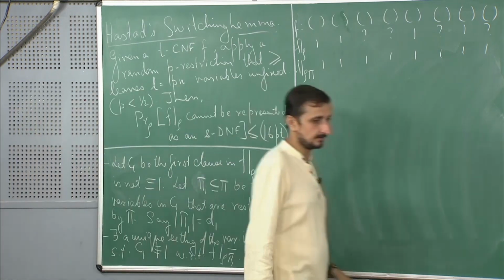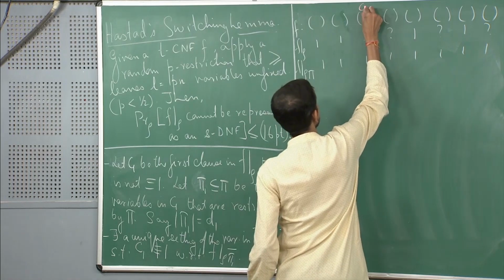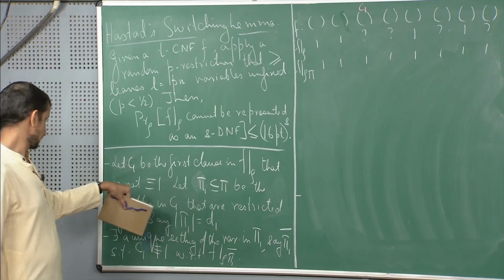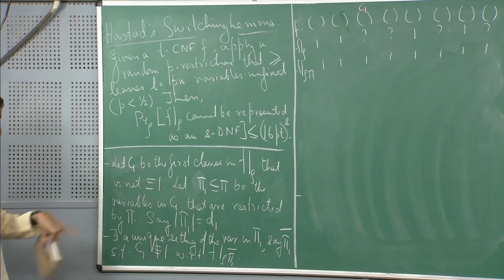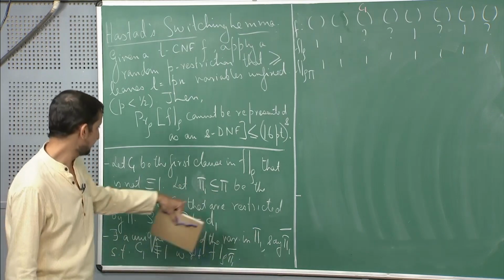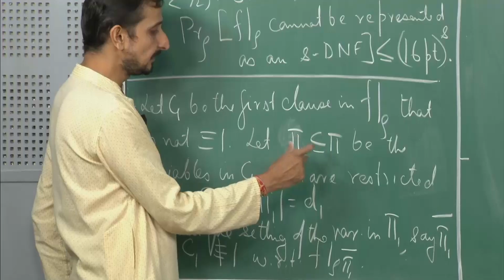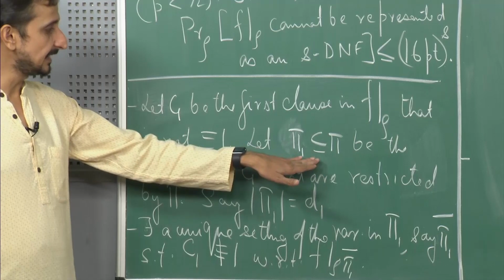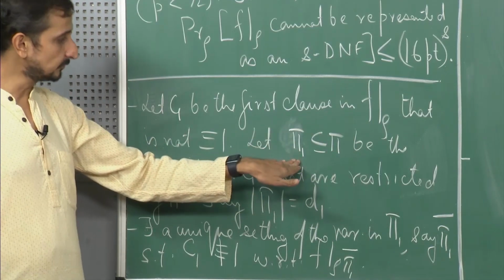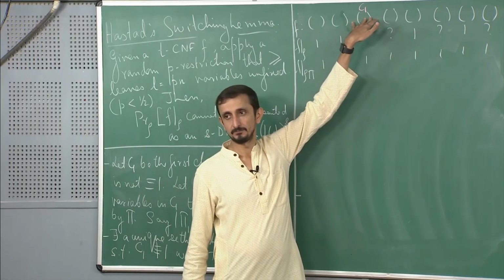So C1 here is essentially this clause, the first clause that is not identically 1. And pi 1 is a subset of pi. This notation is a little overloaded. By subset, what I mean is: look at the variables that are restricted by pi, and look at the subset of those variables which belong to the clause C1.